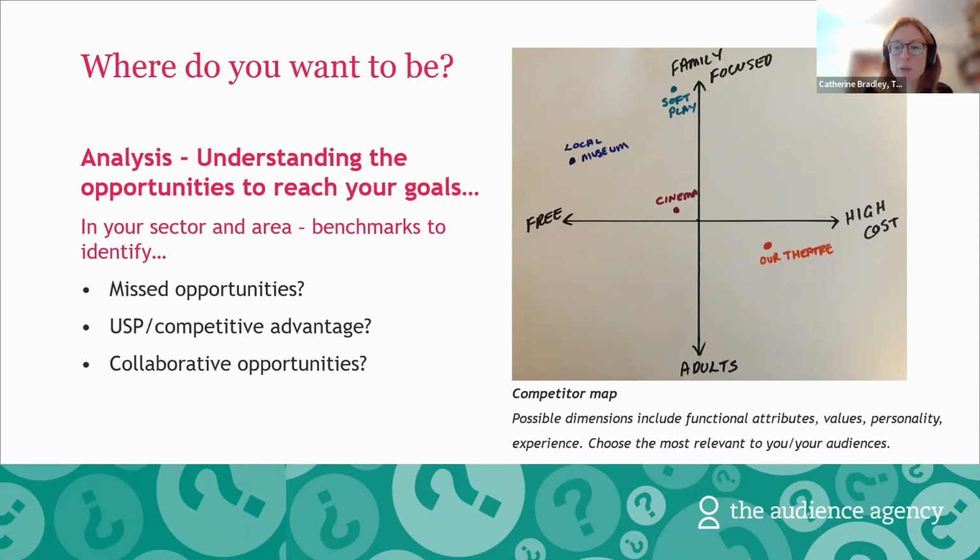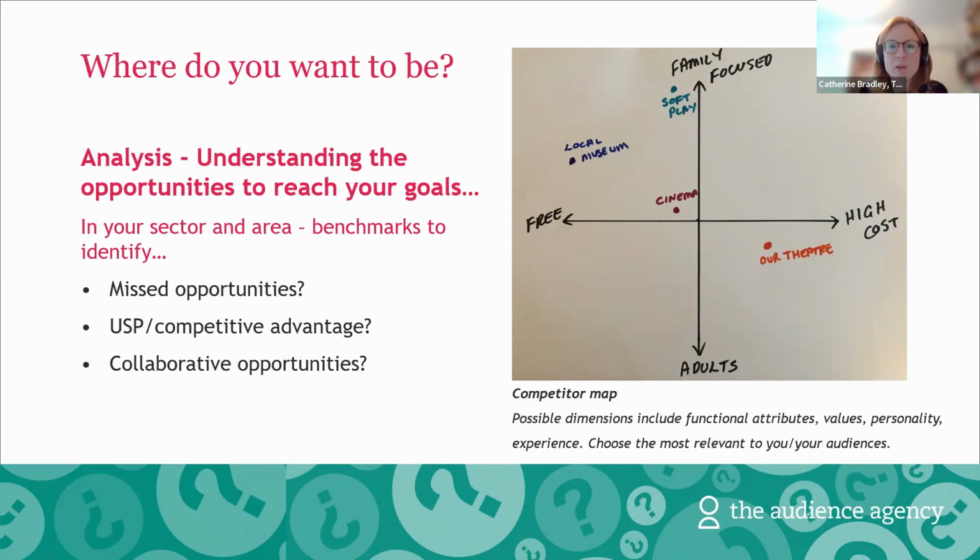I'll show you in just a moment how you can do that in Audience Finder as one example. And through this type of data, you can look at how your audience compares to those wider benchmarks and identify whether there might be any missed opportunities, for example, any groups that are appearing widely within similar organizations that you're not reaching so well.